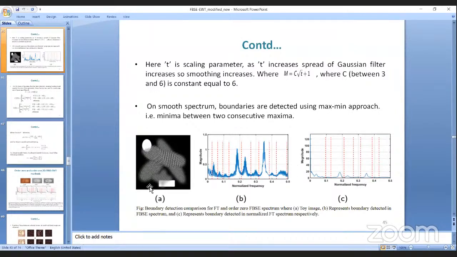Here you can see the actual toy image and the average row spectrum based on the Fourier-Bessel series expansion, and this one is the spectrum based on the Fourier transform representation. You can see that the Fourier-Bessel series expansion based average row spectrum gives better boundary detection as compared to the Fourier based average row spectrum.